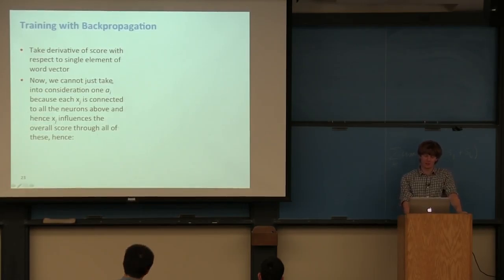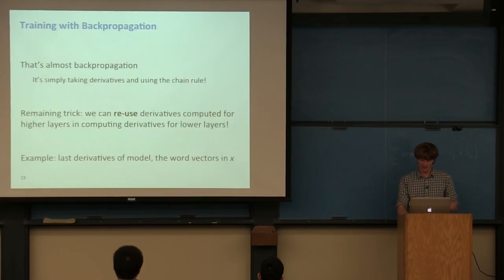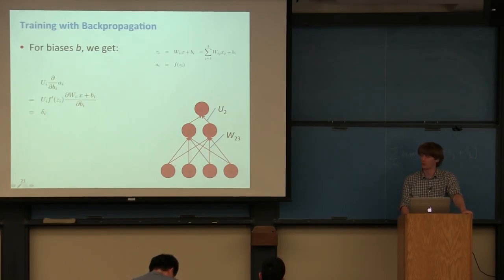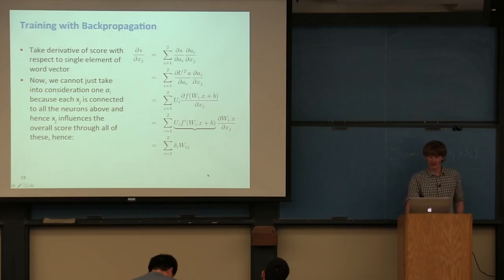The first thing to note here is that each xj appears in both of those hidden units. So x2 appears in a1 and in a2, and so do all the other ones. And so we cannot just use a single element here. We have to sum over both of those hidden units.